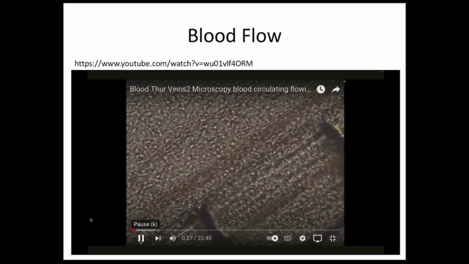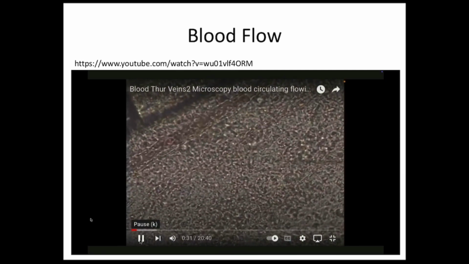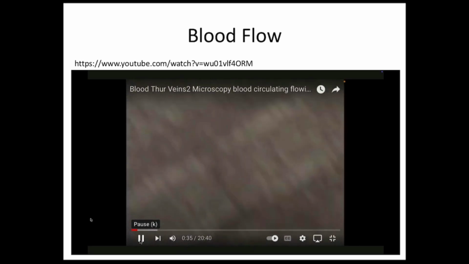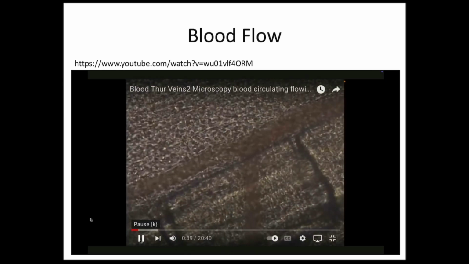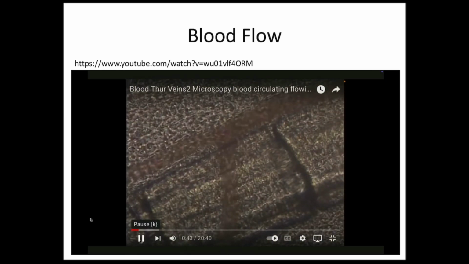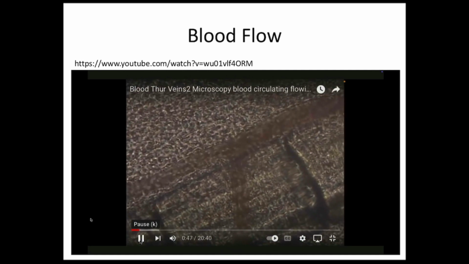If a cell were to just stop in the middle of the vessel as all this was going on, it would actually be torn apart by the cells moving past it. You can see what that looks like, and you will see that in a future video as well.